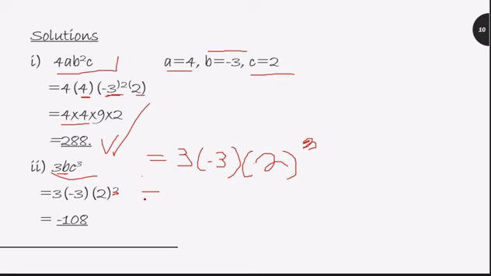I am using my head to evaluate this. 3 by negative 3, we have 27, and 2 to the power 3 means you multiply 2 by itself 3 times, which means 2 times 2 times 2 equals 8.